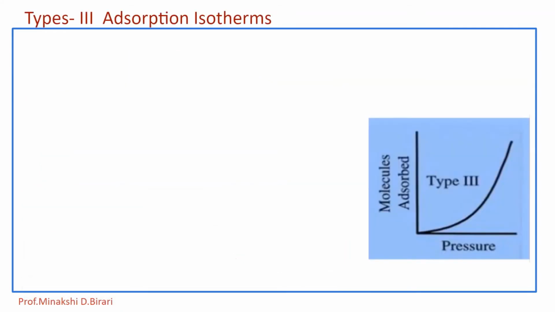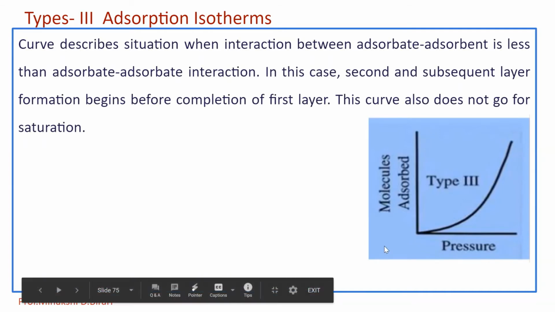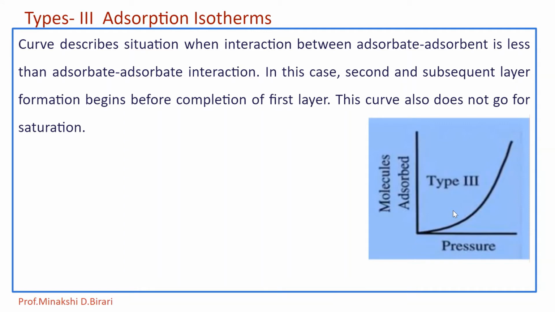Now the third one, type third adsorption isotherm. Here this curve describes the situation when the adsorbate-adsorbent interaction is less than the adsorbate-adsorbate interaction. In this case, second and subsequent layer formation begins before completion of the first layer.